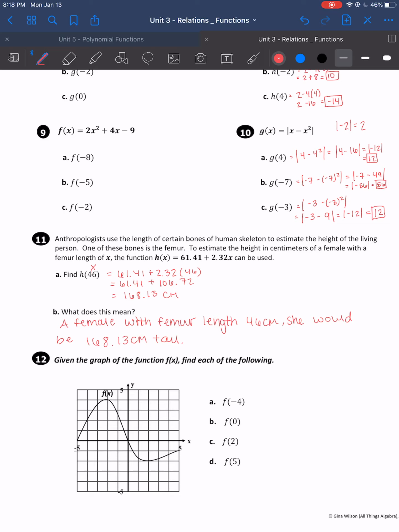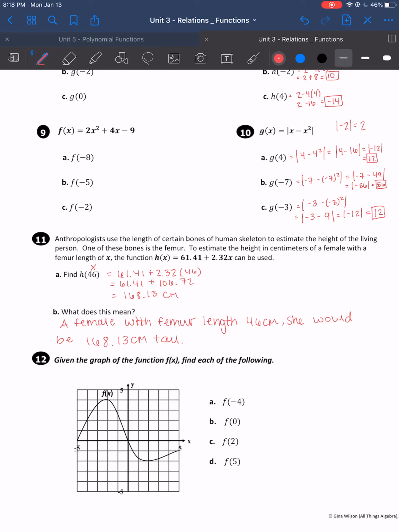So that's what that means. That's the difference between just the above problems that we've done, which is plugging in numbers, and actually applying it to something that may or may not have meaning to you. But that's how you could do that in real life.